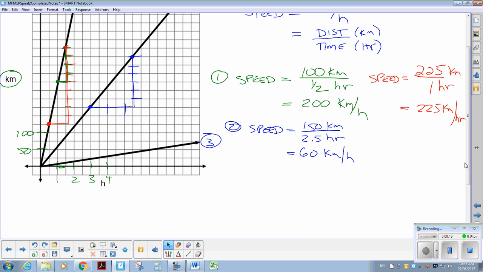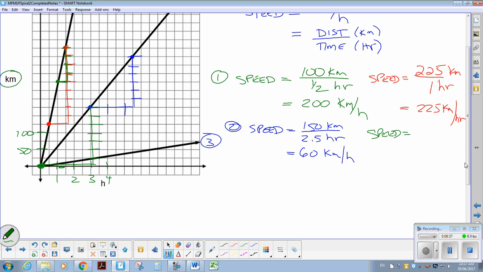So let's pick another. I want to show you that it does work out. So let's pick that point right there. Let's go 0, 0, and I'll use that triangle. So if I do that speed, let's see if it's a better proof here. 25, 50, 75, 100, 125, 150.